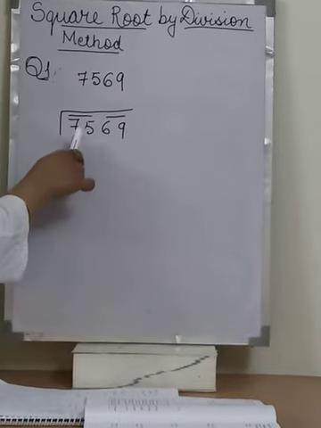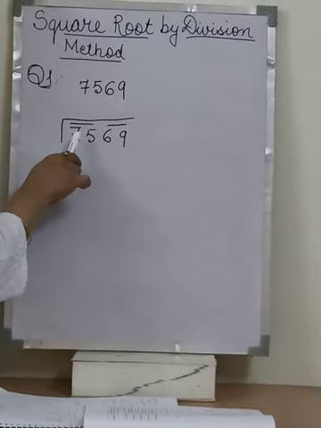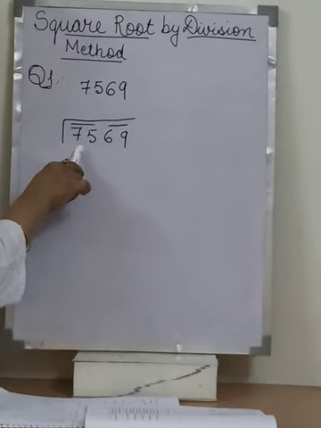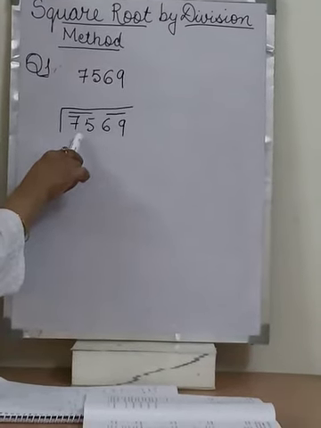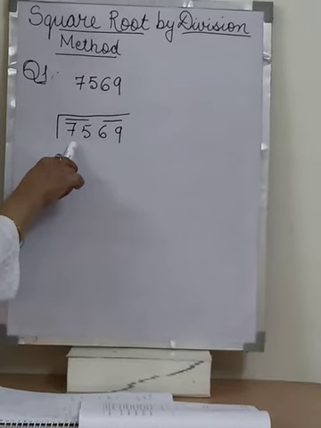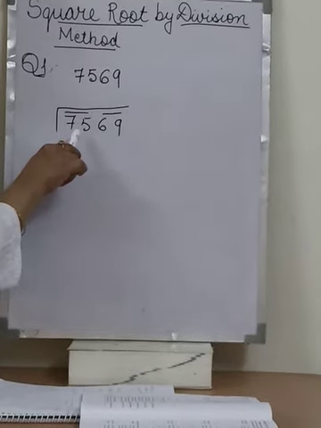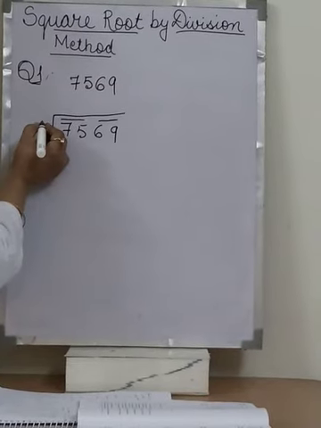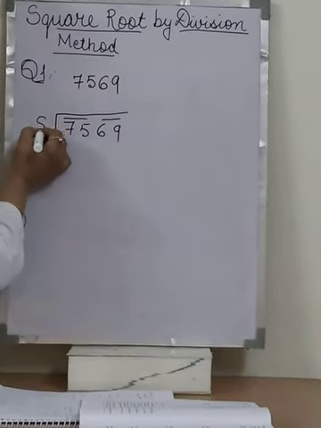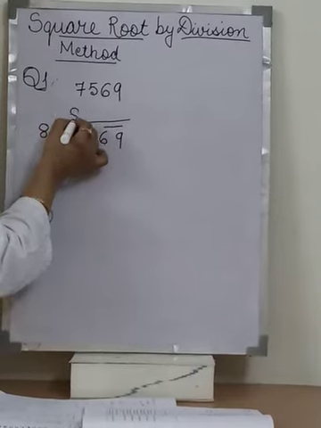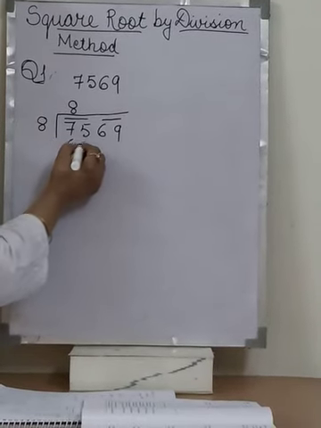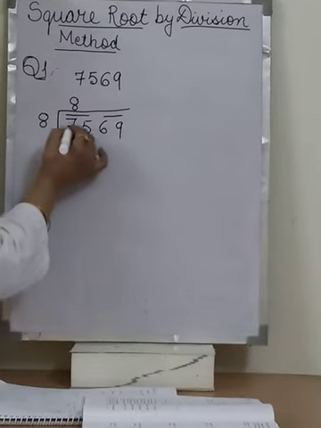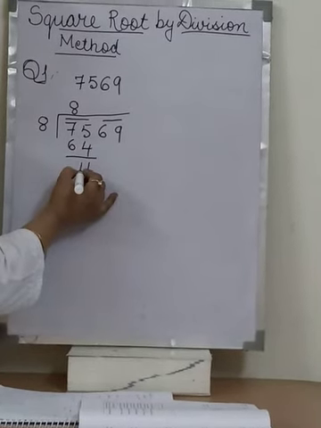Now we have to divide 75 by the nearest square number. So we know very well 7 7s are 49, very far away. 8 8s are 64, far away. Then 9 9s are 81, which is greater. So what do we have to take? 8. 8 8s are 64. So I write 64 here. 5 minus 4 will give you 1. 7 minus 6 will give you 1.